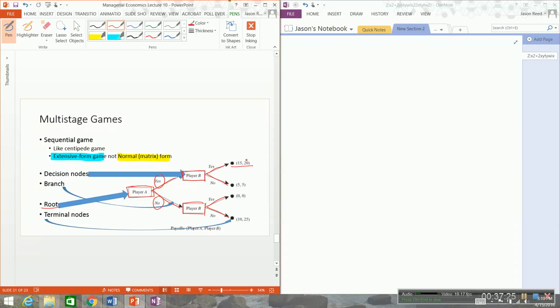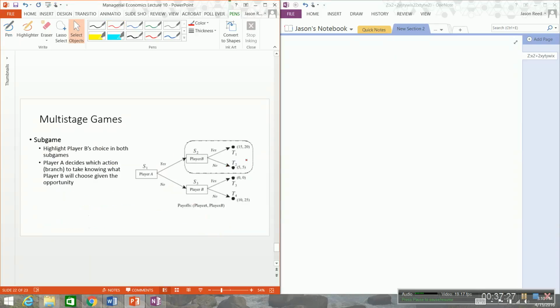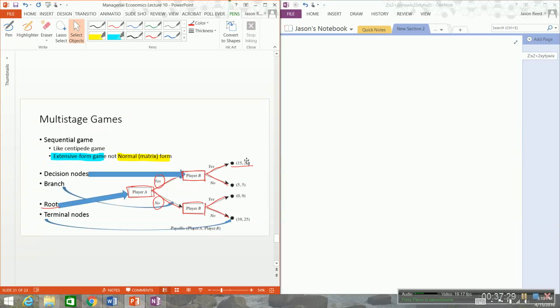So we can now play this through backwards induction to understand exactly where our outcome would be. So let's play this. If player B, we want to look at player B's outcomes. Player B, we can see that they have two different outcomes here, that if they're at this decision node after player A had chosen yes, they're going to choose 20.